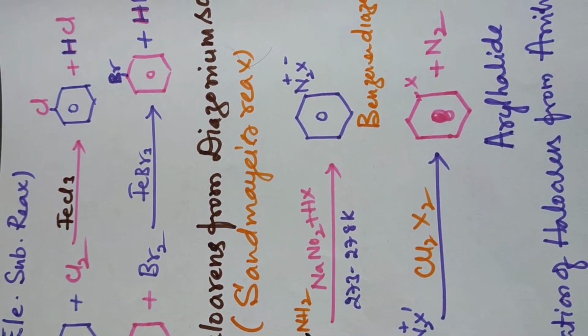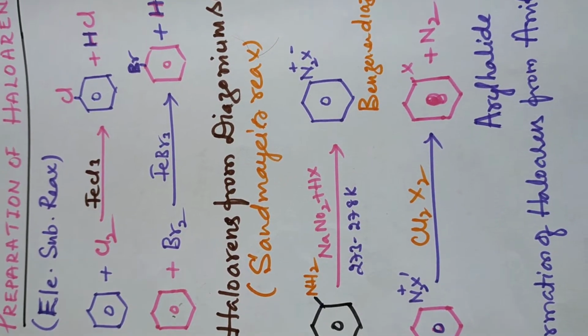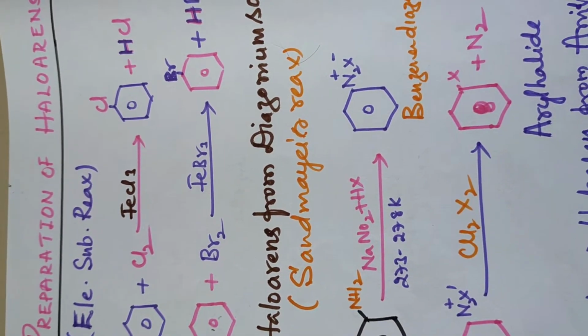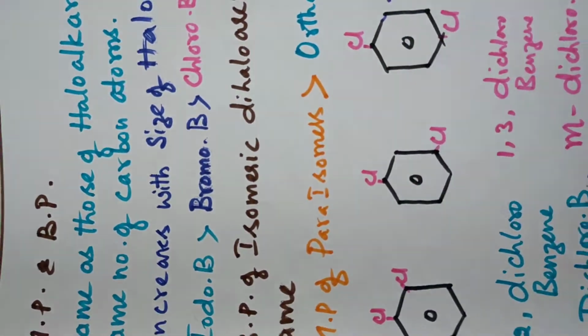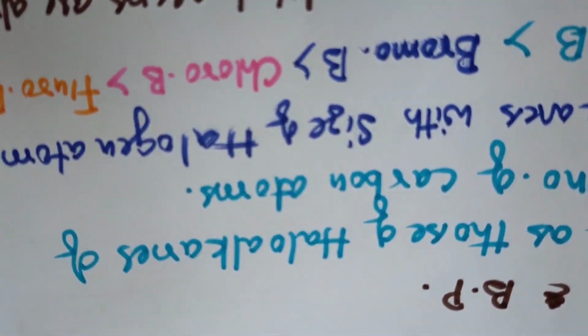After this simple preparation, we go directly to the physical properties and chemical properties of haloarenes. Here are the physical and chemical properties of haloarenes. Let me magnify the image.